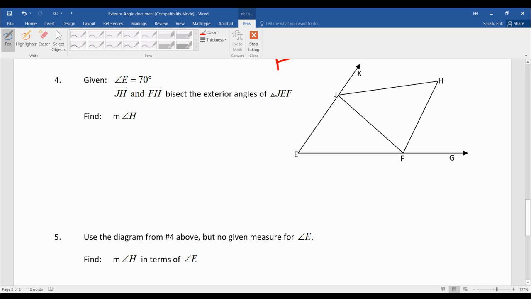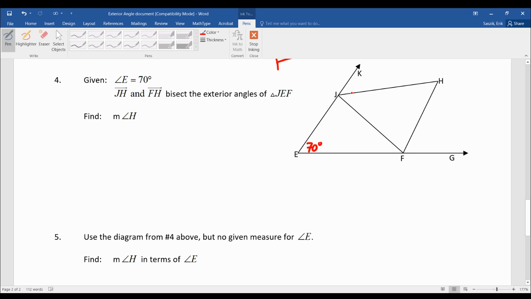And these next two or three problems can be challenging. And, angle E, watch this here. Angle E is 70 degrees. JH bisects this exterior angle.